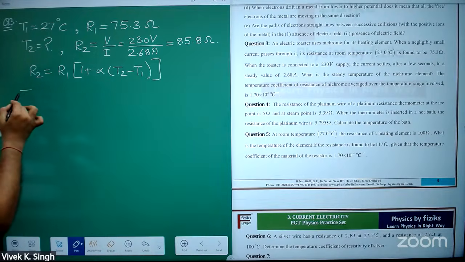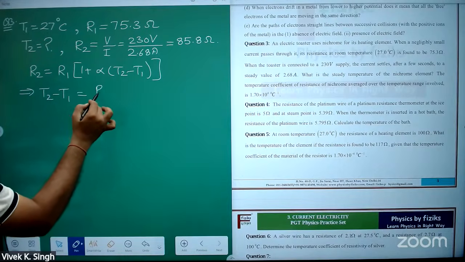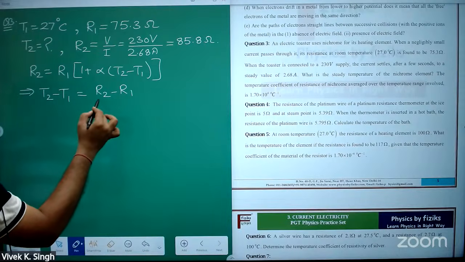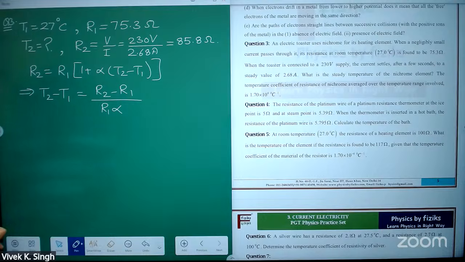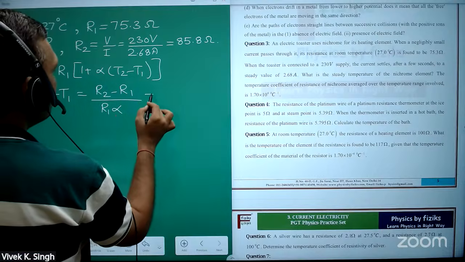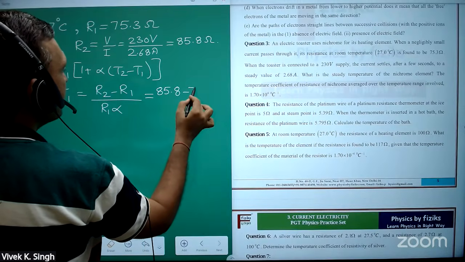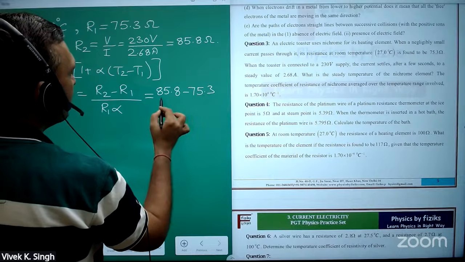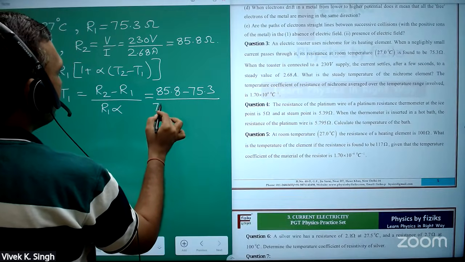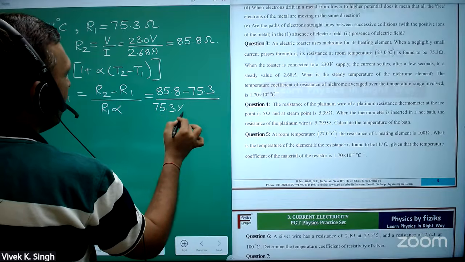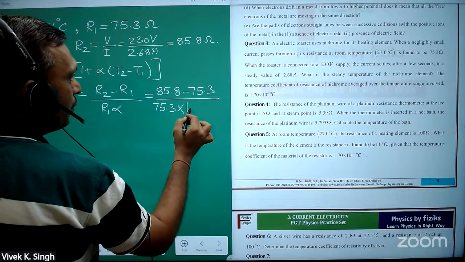So this will give you T2 minus T1 is equal to R2 minus R1 by R1 into alpha. So this value is 85.8 ohms minus 75.3, divided by R1, which is 75.3, and into alpha, which is 1.7 into 10 to the power minus 4 per degree centigrade.